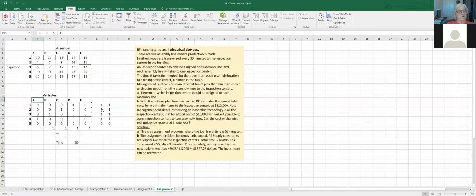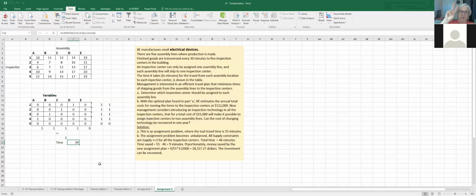They say either inspection number 1 or inspection number 2, out of the 4, only one of them will be working with 2 assembly lines. This way all the 5 can be served. And they ask, well, which one do you prefer? And you are the operation manager. So you say the one that gives me more time saving, or the one that costs me less in time.